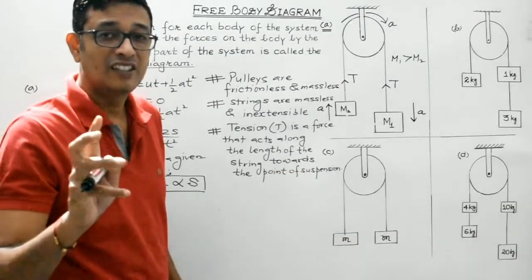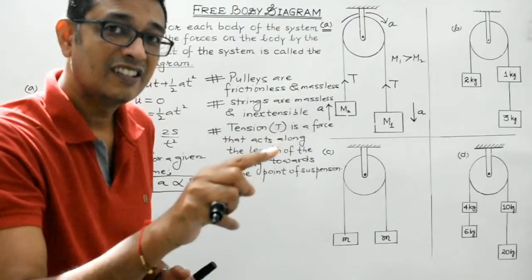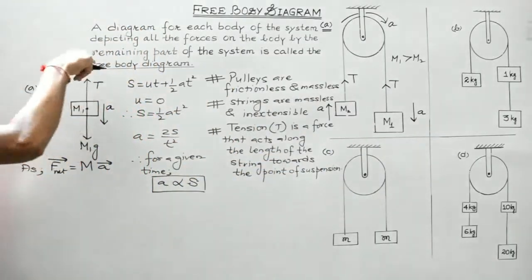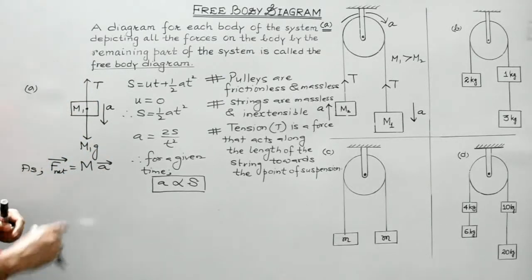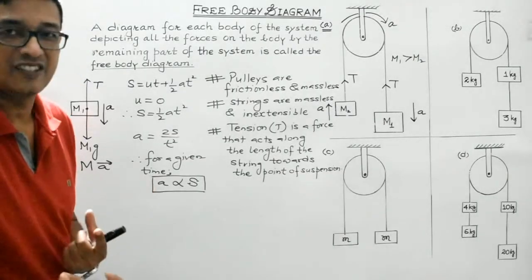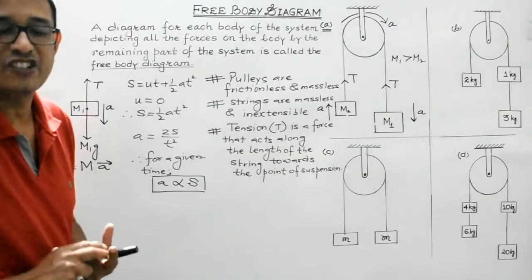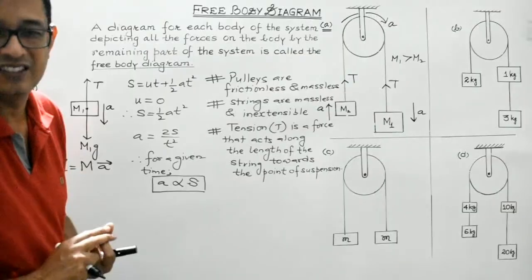Always remember students, the body possesses acceleration in a direction along which the net force acts on the body. So net force must be acting in the downward direction. So m1g must be greater than T. And m1g and T are the two forces which are acting in the opposite direction. And whenever the two vectors act in the opposite direction, then the resultant is given by the difference in the magnitude of the two vectors, isn't it?